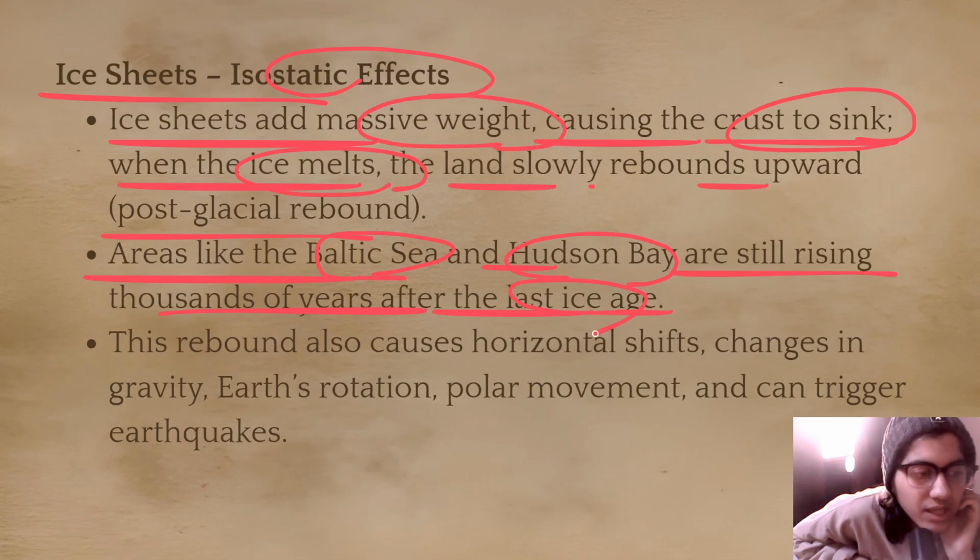So what happens in the ice age? When the ice age comes, the water started to freeze, and because of that the crust moved downwards. But at the end of the ice age, the ice melts and the crust moves upwards. After the last ice age, the crust is still rising today in areas like the Baltic Sea and the Hudson Bay.